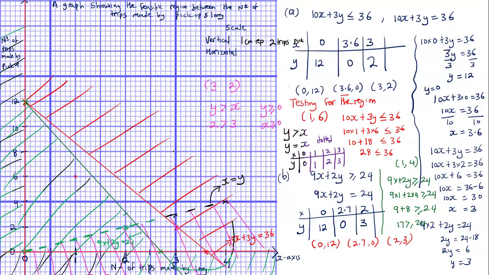On the horizontal, 2 centimeters represent 1 trip made by the lorry. Members, is that fine? Is our scale okay? Favor said yeah. Lydia said yeah. Okay, very good.